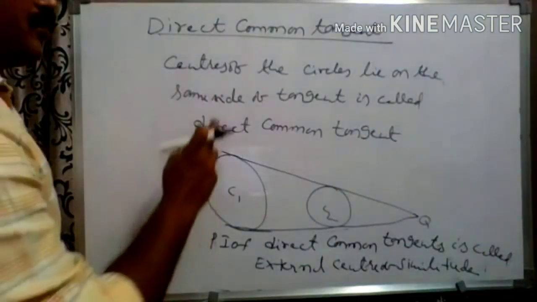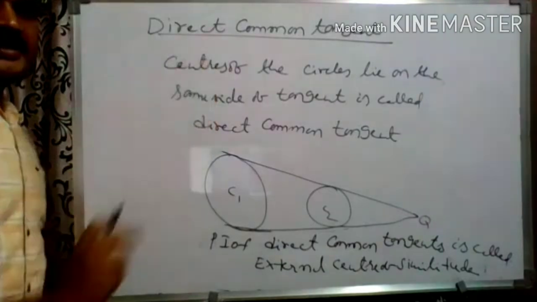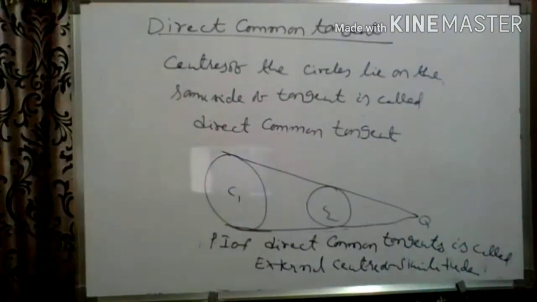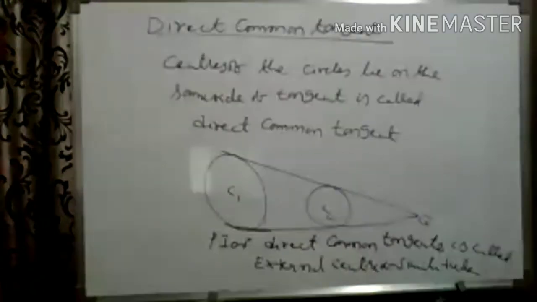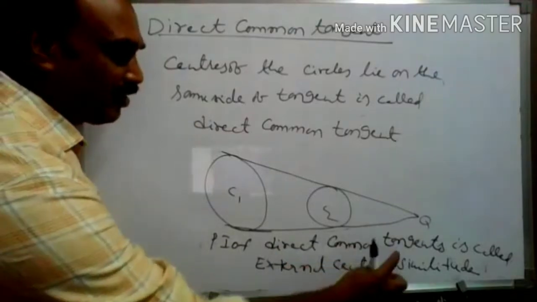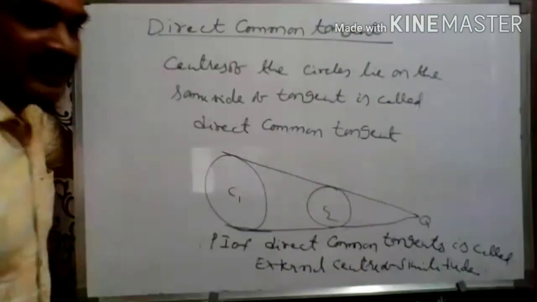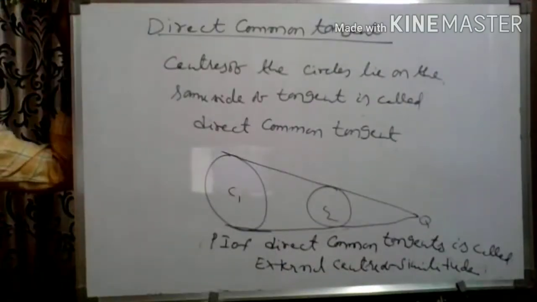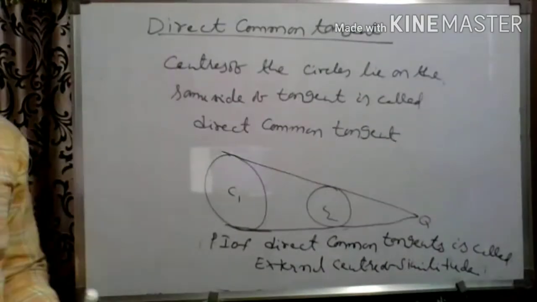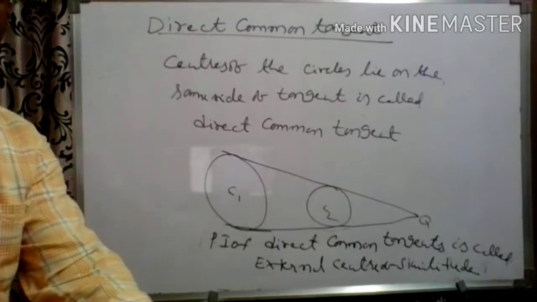Students, direct common tangents: the centers of the circles lie on the same side of the tangent. Next, the point of intersection of direct common tangents is called the external center of similitude. Write down, students.